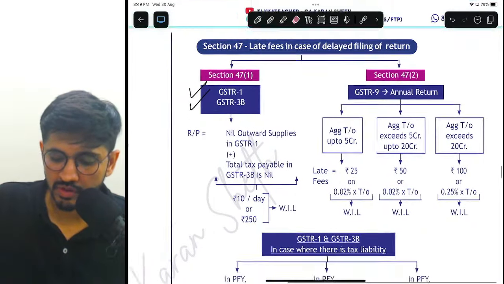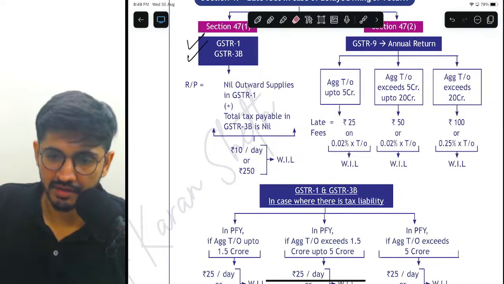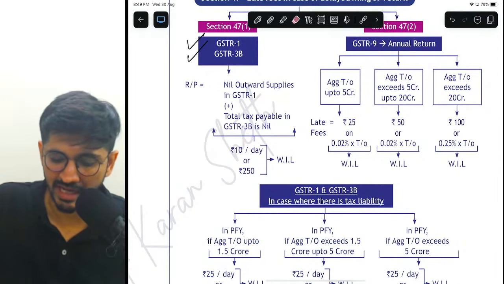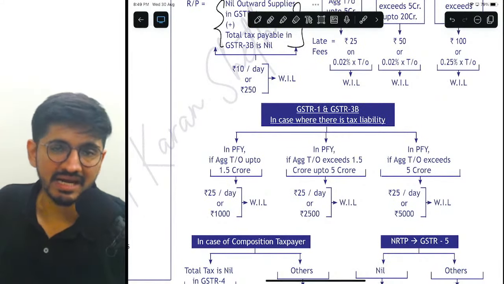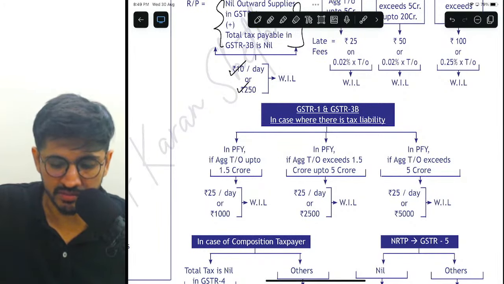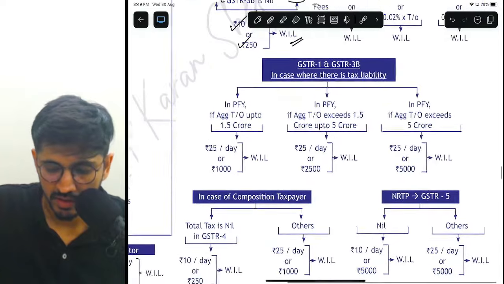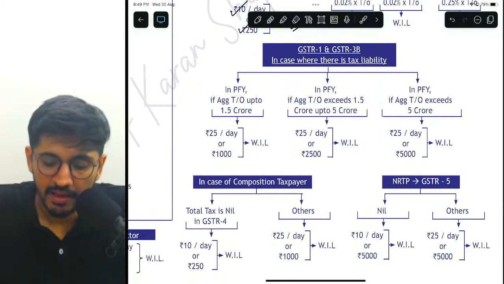So here, let's say you land up filing a nil return, or for example, there is no tax liability at all in case of 3B. In that case, understand that it's very simple. It'll be 10 rupees per day or 250 rupees maximum, whichever is lower. When it comes to GSTR 1 and 3B which has tax liability, right?